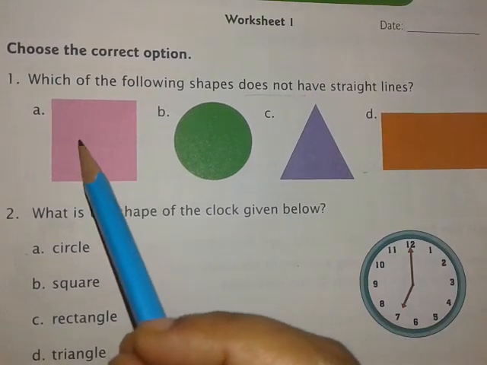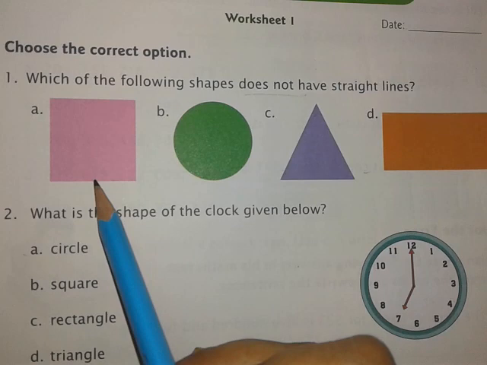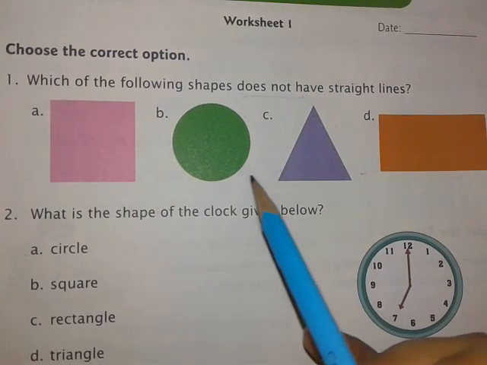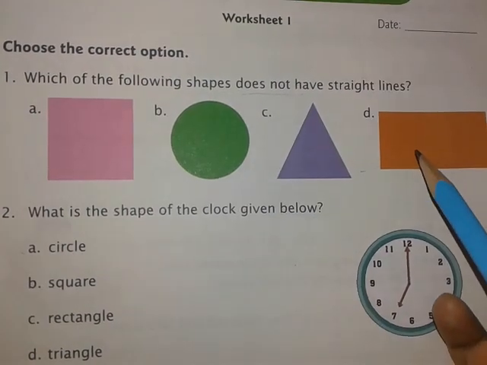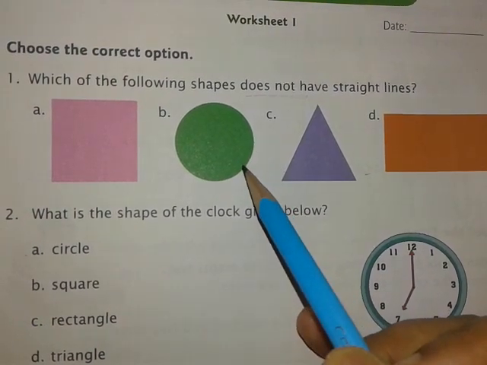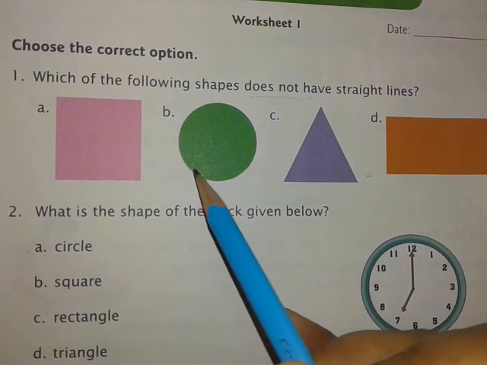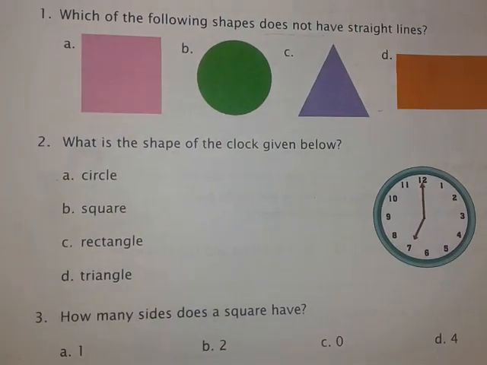You know that these shapes are drawn using lines. We need straight lines to draw a square, triangle and rectangle. Only a circle is drawn using curved lines, and the question is which shape does not have straight lines. So your answer will be 1B.